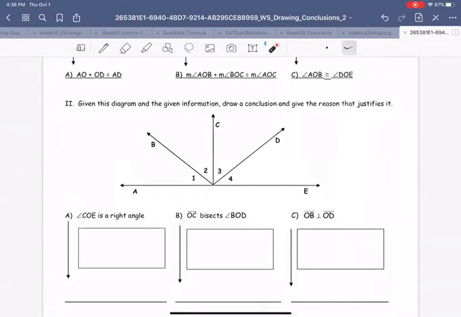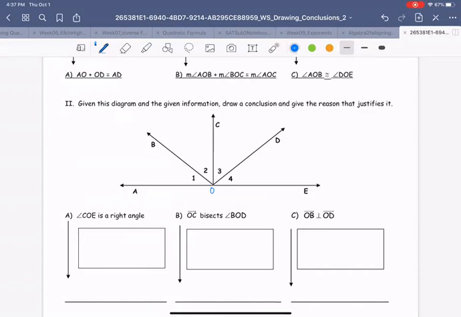Angle COE is the right angle. Now they want you to give a conclusion, right? Angle COE is a right angle. So you can say CO is perpendicular to AE.